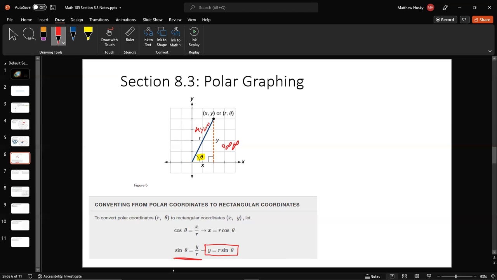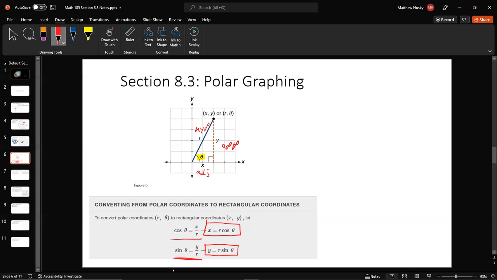And then similarly, the adjacent over the hypotenuse is the definition of cosine based on good old-fashioned SOHCAHTOA from back in the day. So if your goal is to find the x coordinate, that would be r times the cosine of theta.